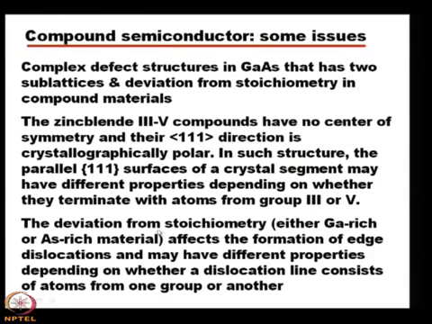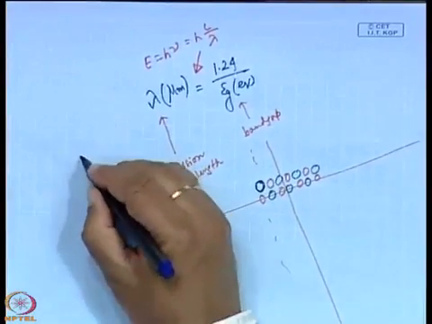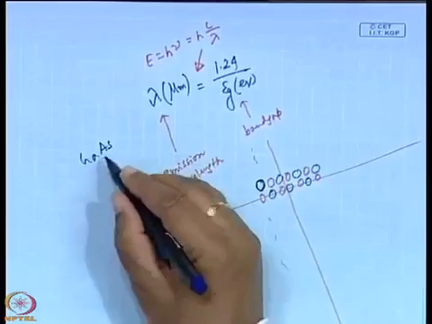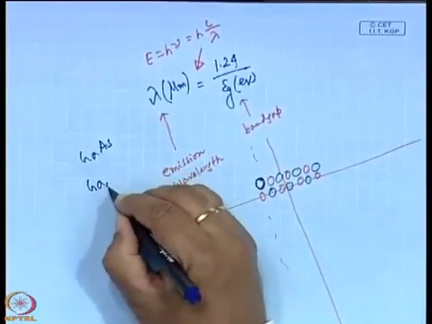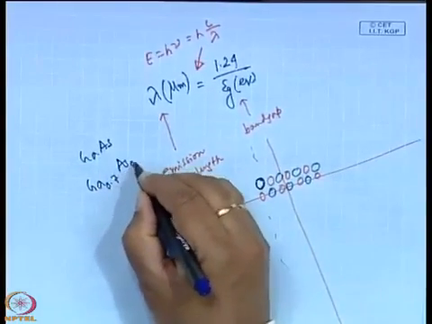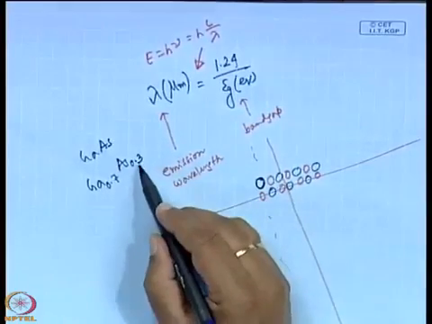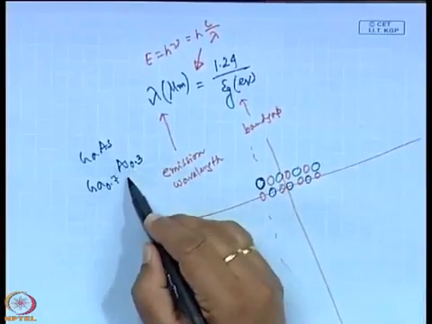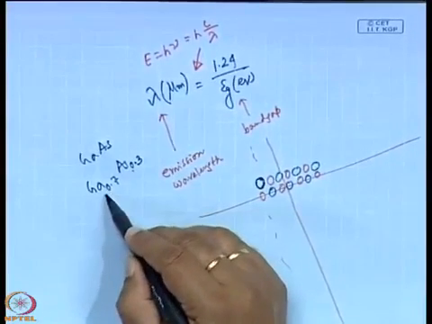And the deviation from stoichiometry, either gallium rich or arsenic rich material, because it can be gallium rich, it can be arsenic rich. When we talk about gallium arsenide, suppose the crystal becomes gallium 0.7, arsenic 0.3, that means arsenic has less amount in this crystal. So, it is the arsenic deficiency or gallium rich.